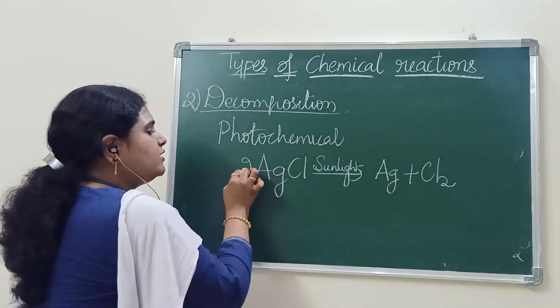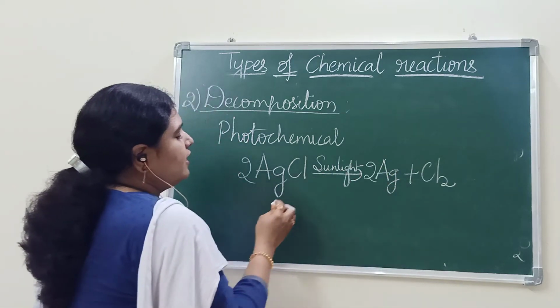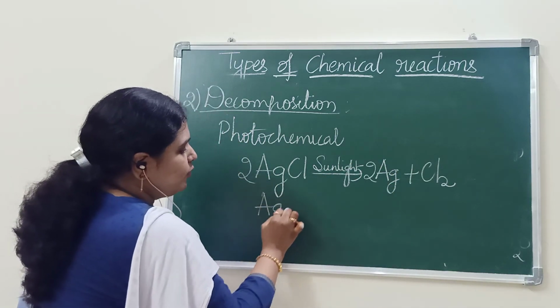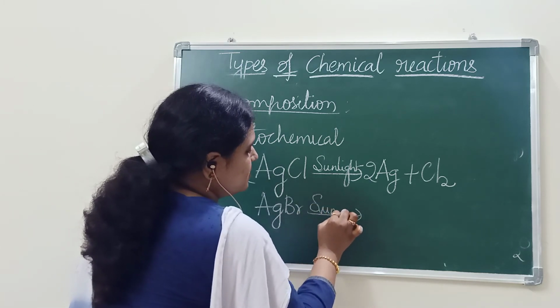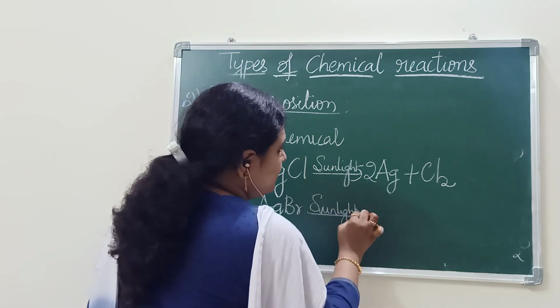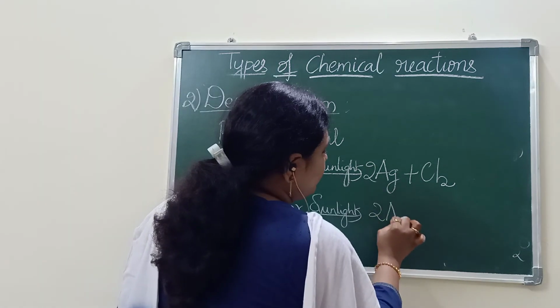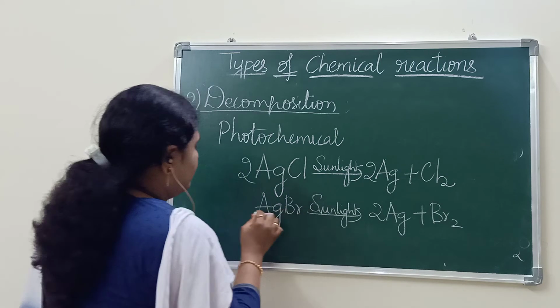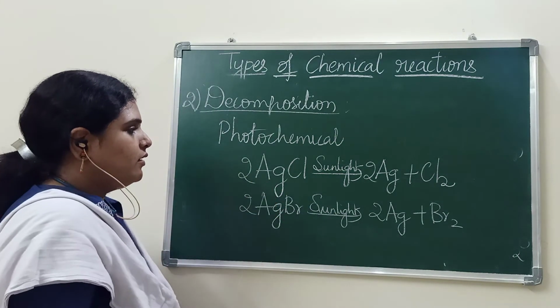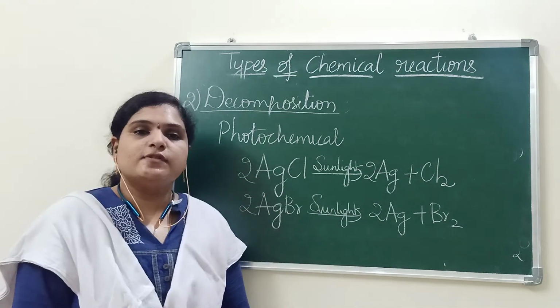Okay, 2AgCl gives 2Ag plus Cl2. Likewise, silver bromide. Here also, in the presence of sunlight, it will lead to the formation of silver and bromine. Okay, here in the presence of sunlight.